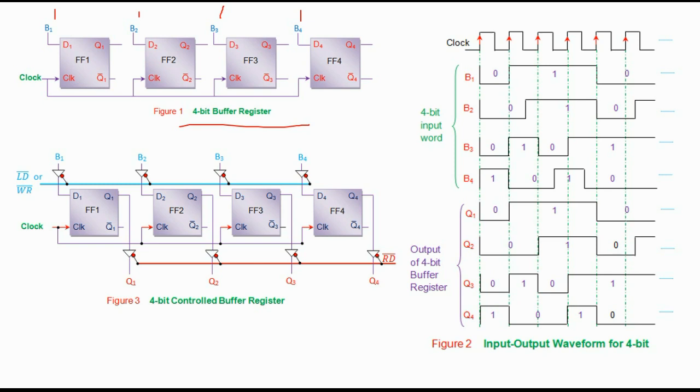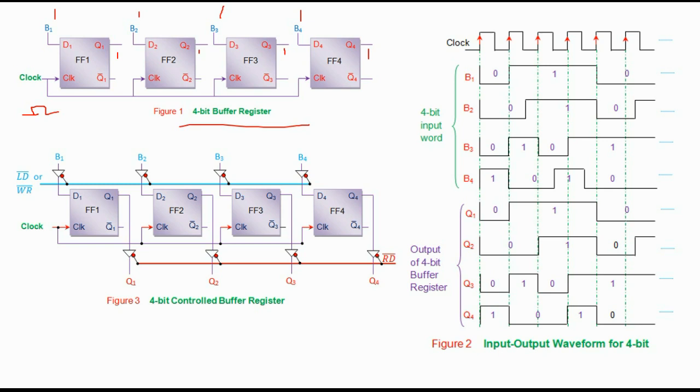For the positive edge of the clock, the clock is a signal which controls the operation of the D flip-flops. At one edge of the clock, all values are sent to D1 and reach Q1. Q1, Q2 and Q3 are the outputs.